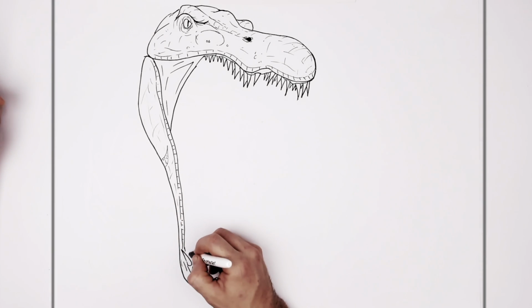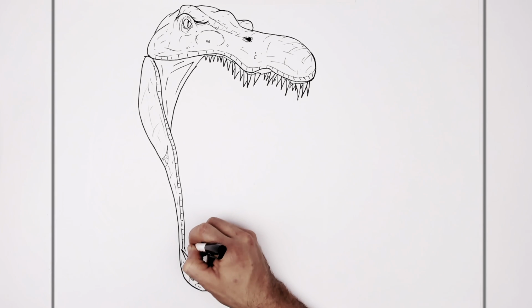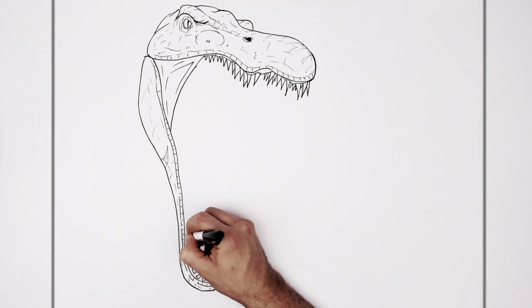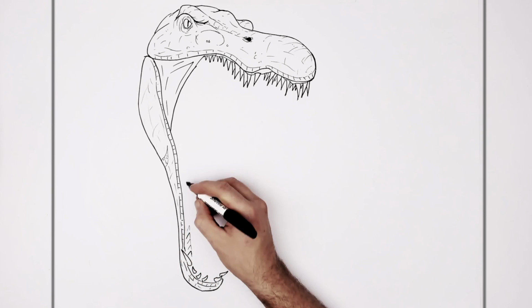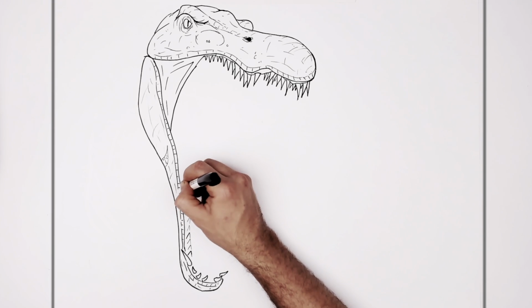And the easiest way to do this in my opinion is just to add little sort of spikes coming up like this. Just go the whole way up this line.